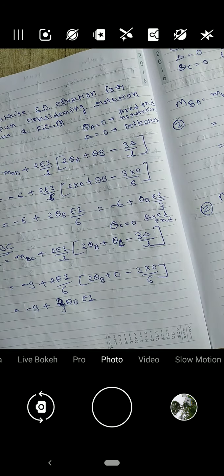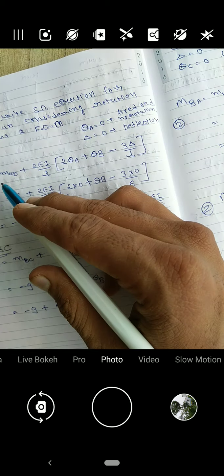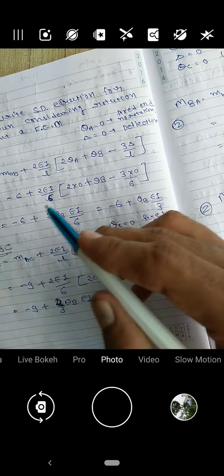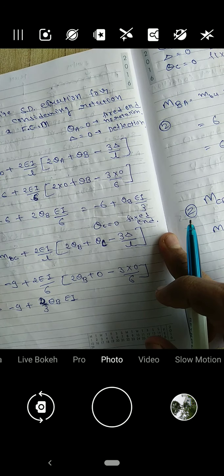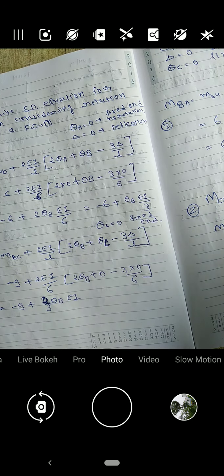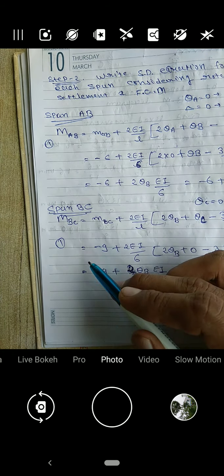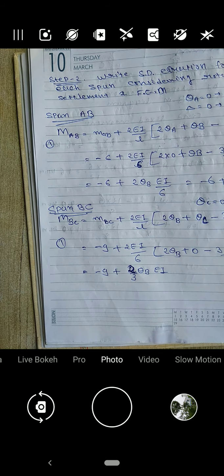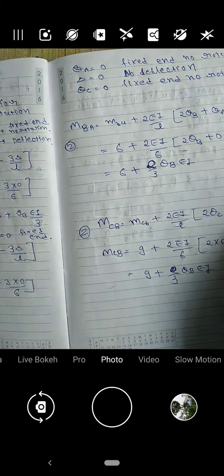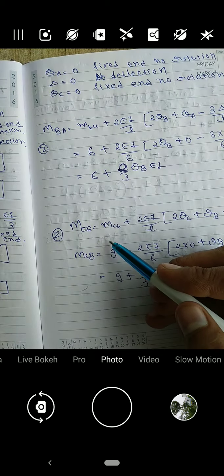Now this is for span AB, and span BC. We solve these two, then similar way we also find BA and CB.